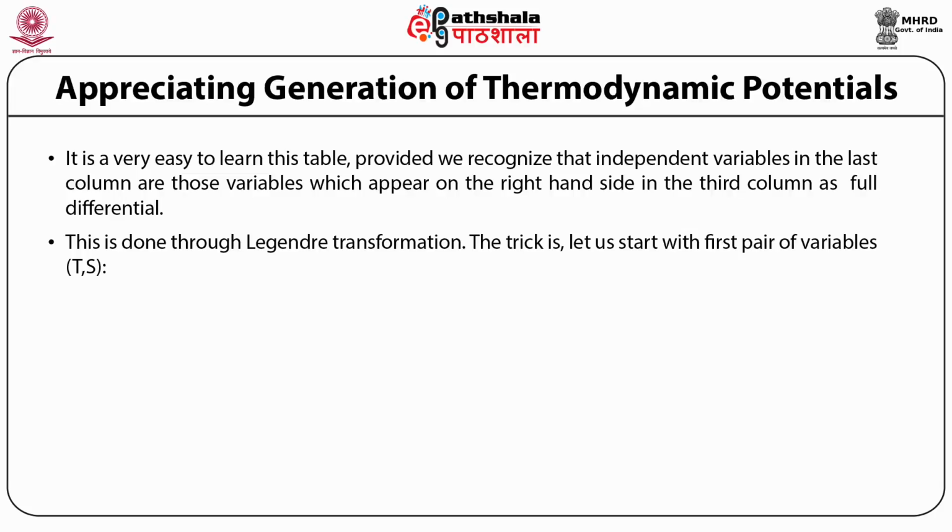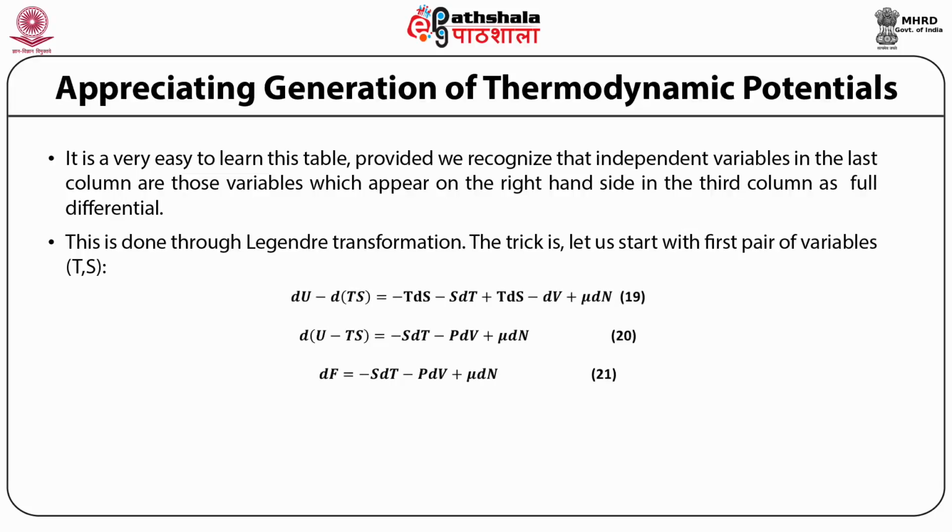We can write dU minus d(TS) equal to TdS minus TdS minus SdT minus PdV plus mu dN, which can further be written as d(U minus TS) is equal to minus SdT minus PdV plus mu dN, which can be further written as dF is equal to minus SdT minus PdV plus mu dN.